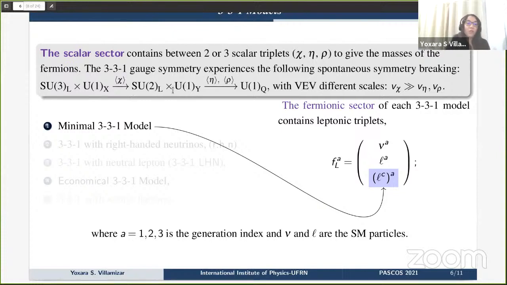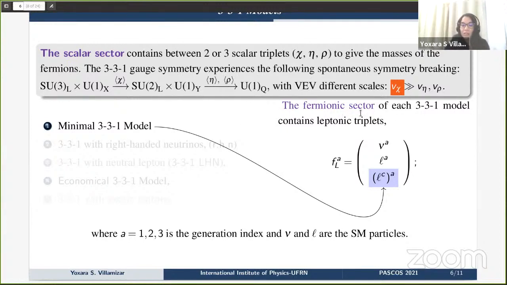In this sector, there are 2 spontaneous symmetry breakings. The first contains the vacuum expectation value, and this value is of the order of TeV. The first breaking takes us to the electroweak group of the standard model, and the second is the same as the spontaneous symmetry breaking known in the standard model.